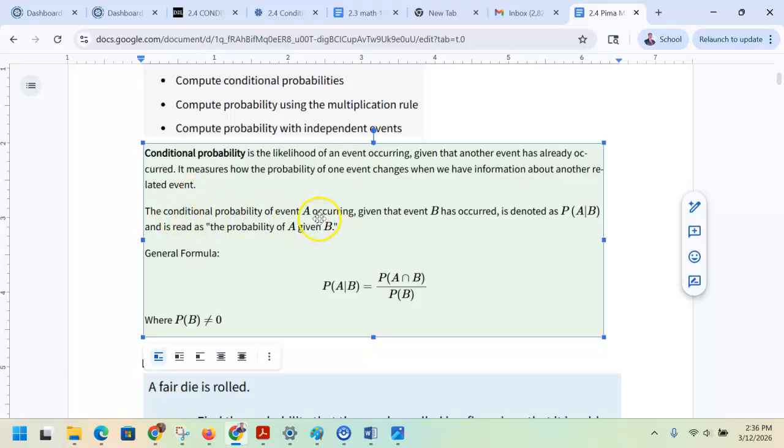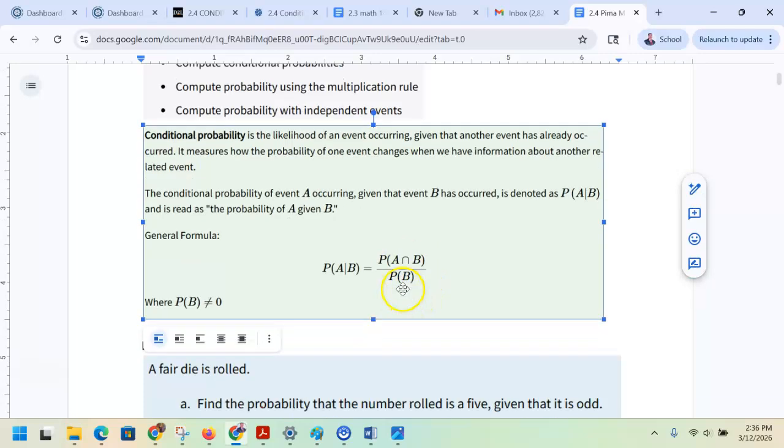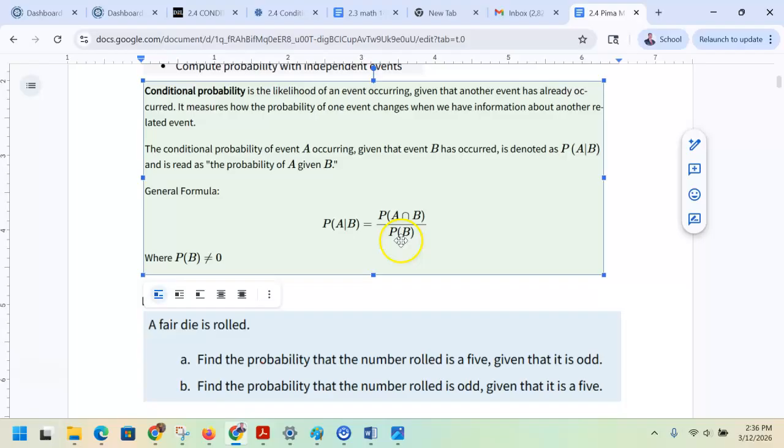The conditional probability of event A occurring given that B has occurred is denoted by P(A | B), and is read as the probability of A given B. The formula is: the probability of A when B occurred is the probability of A and B both occurring, divided by the probability of B. The event that has already occurred is in the denominator, and the numerator is the probability of A and B occurring, provided P(B) is not zero.